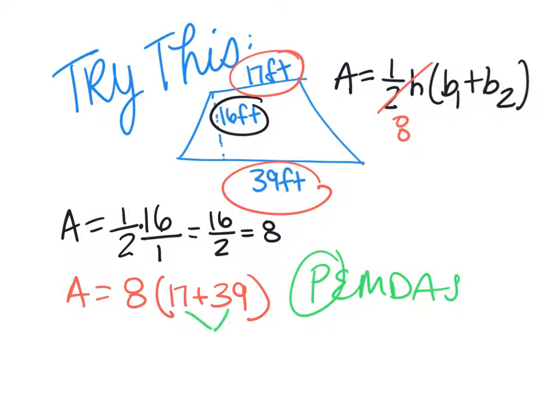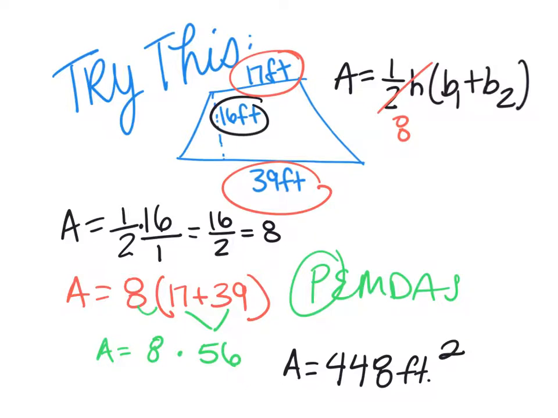So I'm going to do 17 plus 39, and I'm left with 56 there. And when I have a number that's right up against the parentheses, that tells me it's multiplication. So now I'm left with area equals 8 times 56. When I multiply that out, I've got area equals 448 feet squared. And there's my answer.